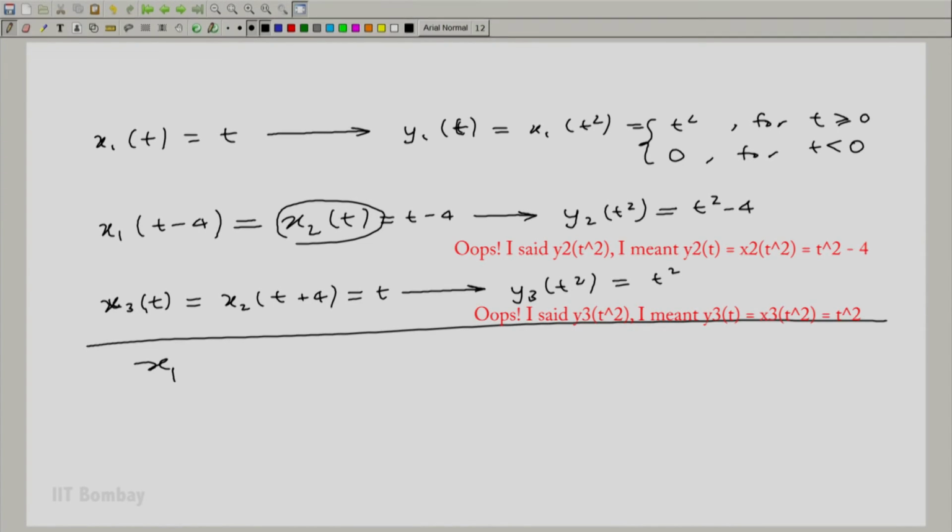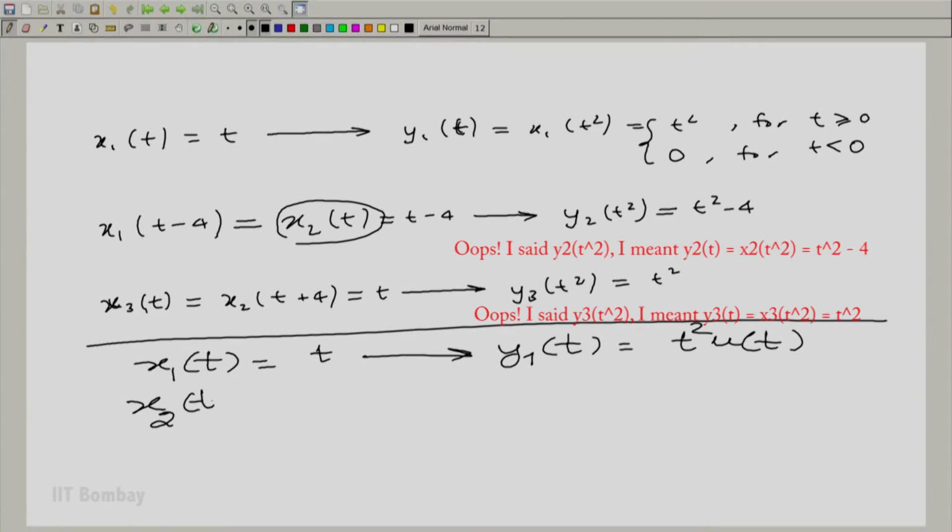So x1 of t being equal to t would lead to the corresponding output y1 of t given by t squared u of t, so simple. So it is t squared for t greater than or equal to 0 and 0 for t less than 0. Now when you take x2 of t, which is described in terms of x1 as x1 of t minus 4, we know the interpretation.